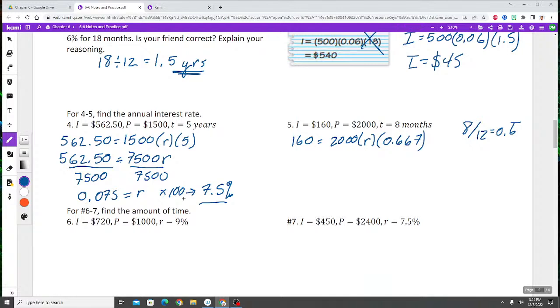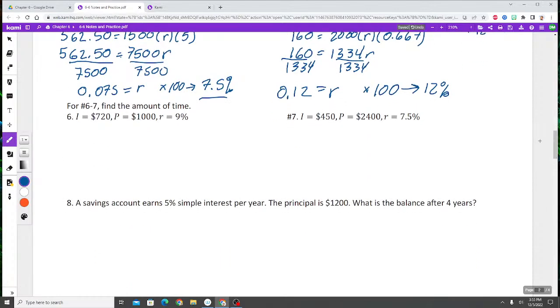That gives me 160 equals 1,334 R. We divide both sides by 1,334. When I do that, I get 160 divided by 1,334, which gives me 0.12 if I round that. So now, again, we've got to multiply by 100, and that gives us 12%.